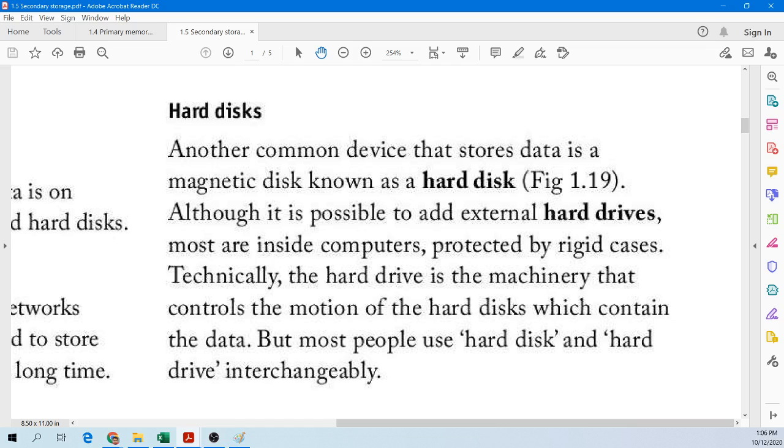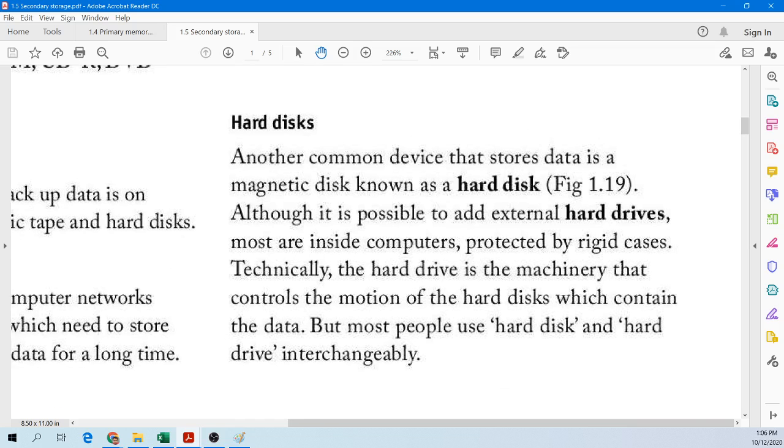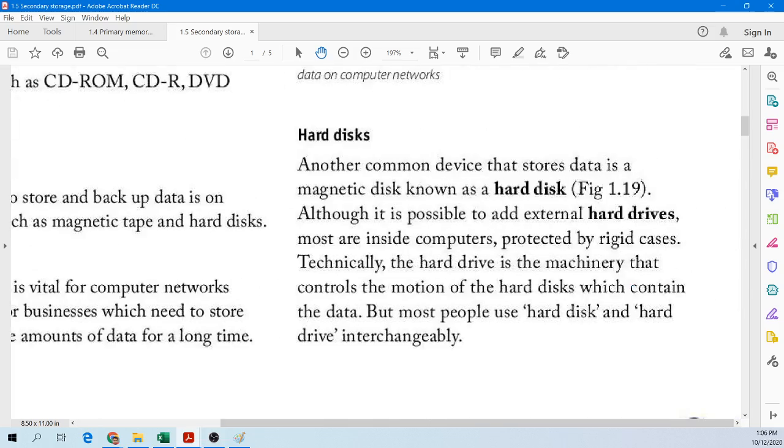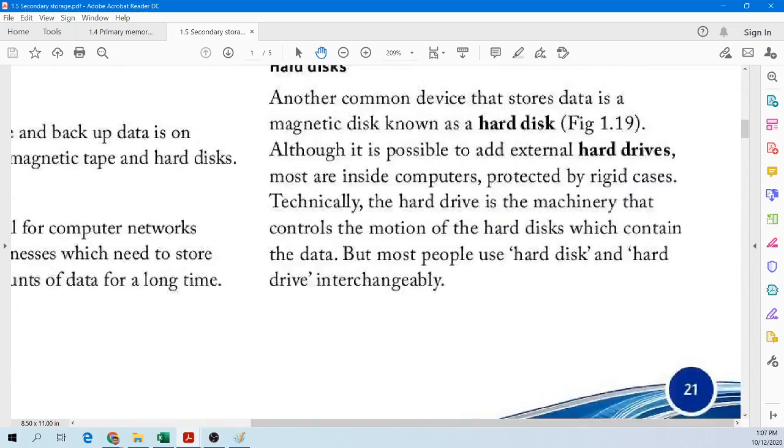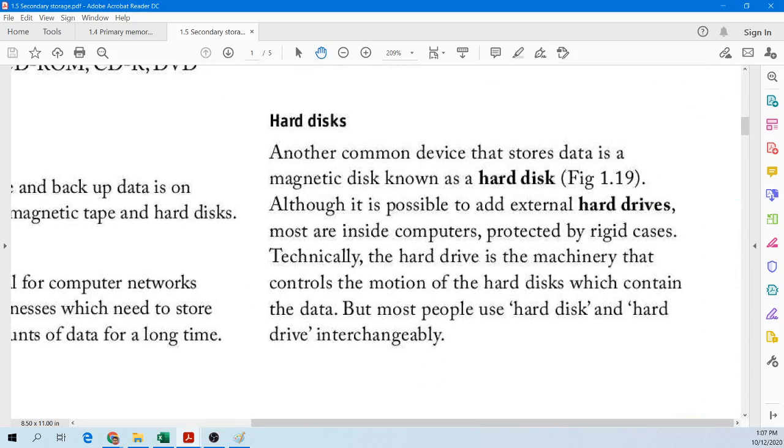All right, so let's look at another kind of magnetic media. Remember, we're looking at magnetic media. We looked at one, magnetic tape. A hard disk is another example of a magnetic media.